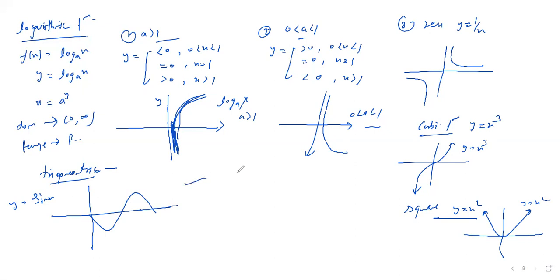We didn't go through them in detail, but these are particular types of all those functions. I have already said that the area is also a function. All types of trigonometric graphs are also functions, as are logarithmic and exponential functions. These are some important functions that we use frequently.